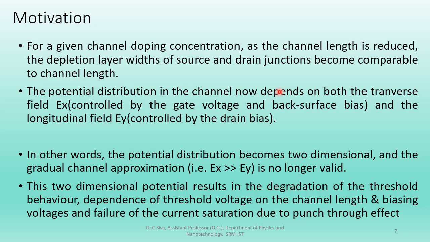The potential distribution becomes two-dimensional, and it depends on both the transverse electric field and the longitudinal electric field, which are controlling this. This causes threshold voltage variations, reduced saturation, and punch through effects.